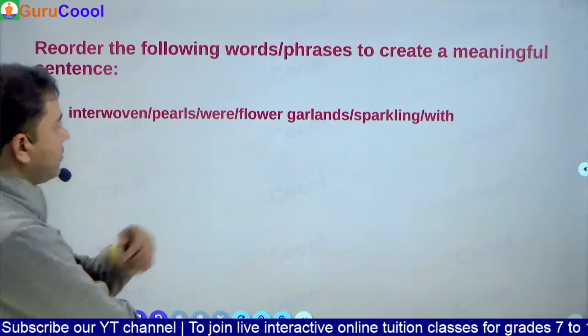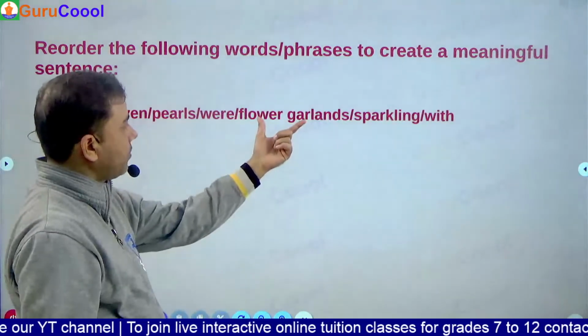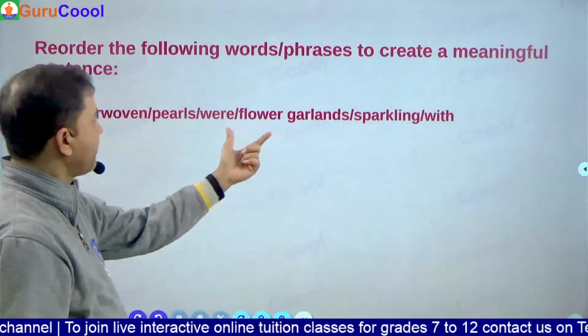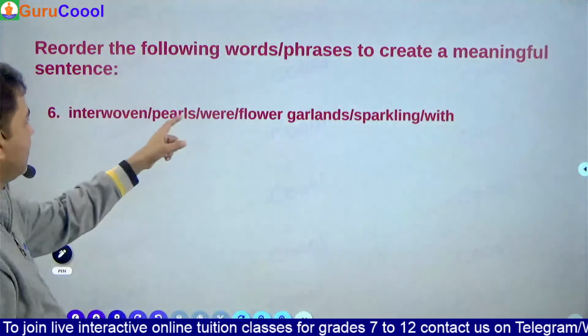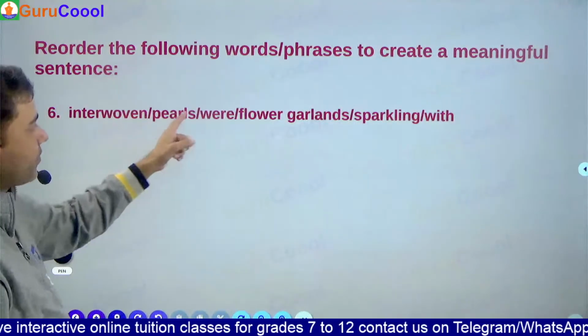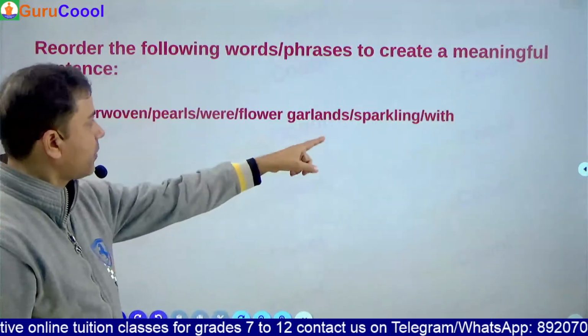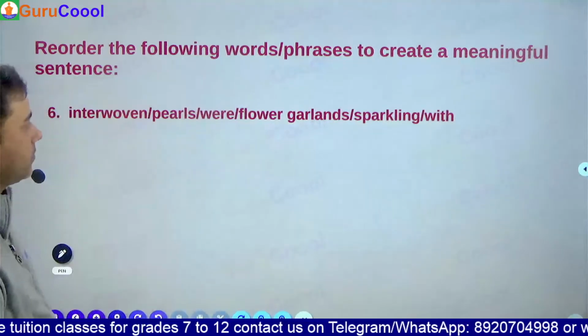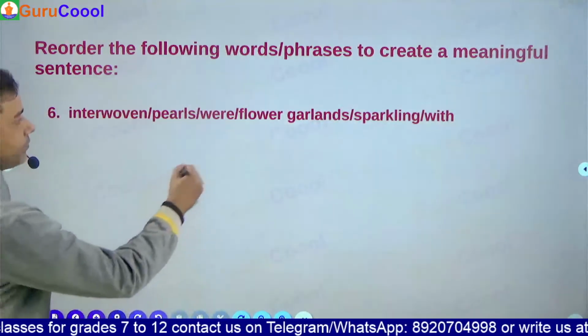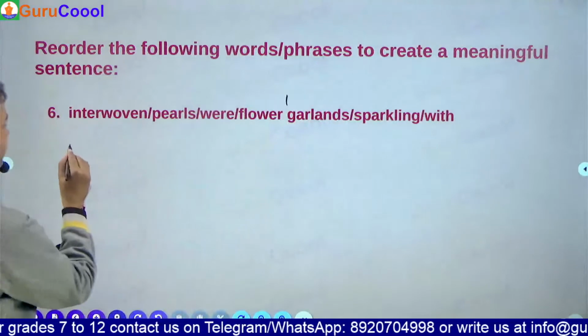So we can start with flower garlands. Flower garlands were interwoven with sparkling pearls. Number 1.